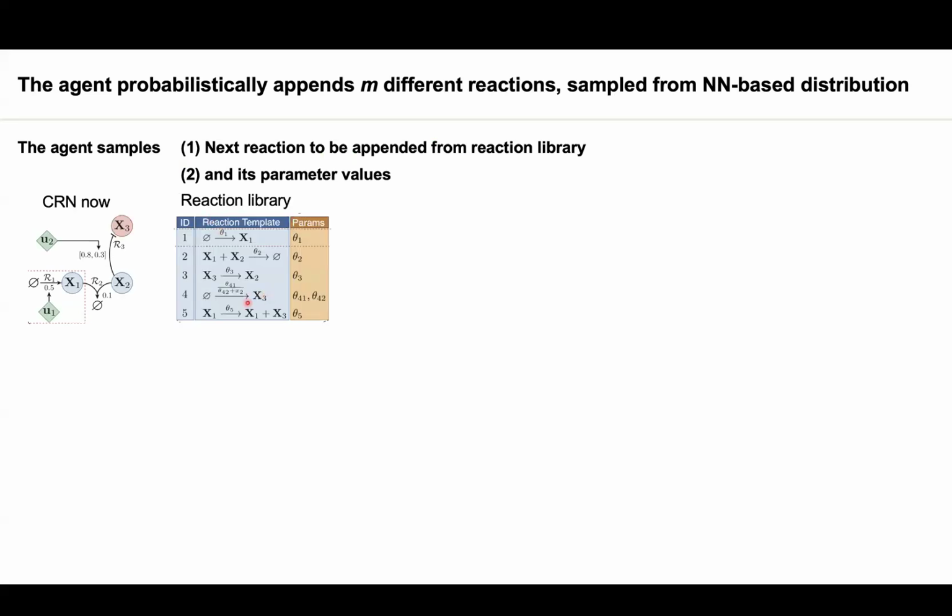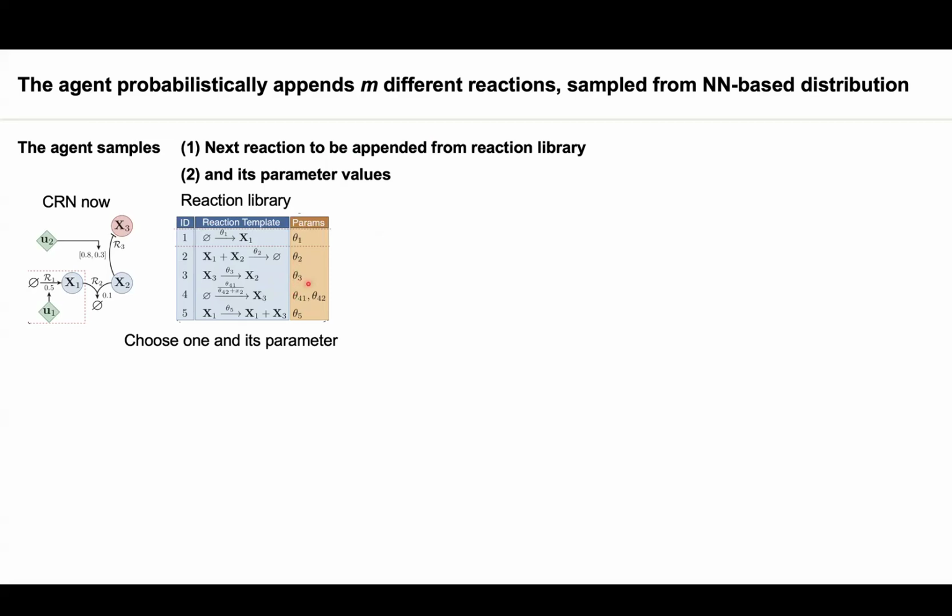For example, if this is the current CRN and we want to append one reaction to this CRN, then from this reaction library, which consists of 5 reactions, we want to choose one reaction, for example ID 3, and we have to determine the parameter values, for example zeta 3.